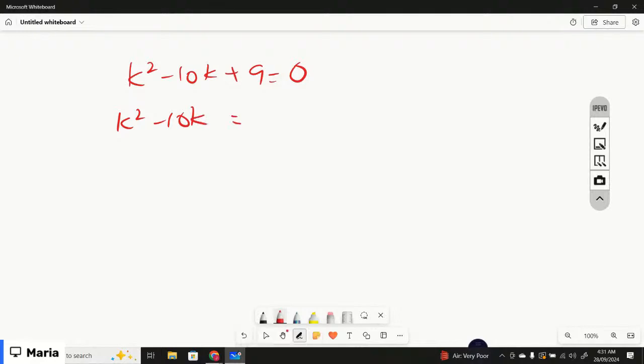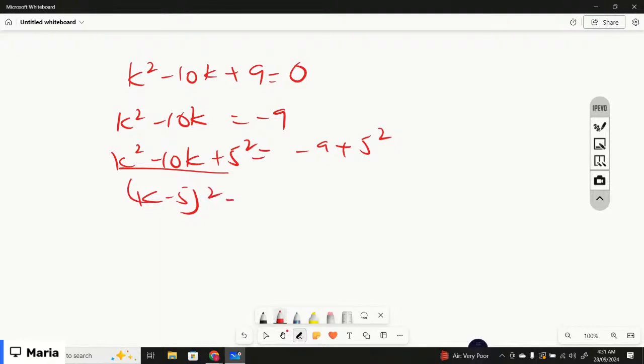You have k square minus 10k equals negative 9. Just add b by 2 whole square, right? b by 2 is 5 square. So k square minus 10k plus 5 square equals negative 9 plus 5 square. So they make k minus 5 whole square, and negative 9 plus 25. So 25 minus 9 is 16. k minus 5 whole square equals 16, right?